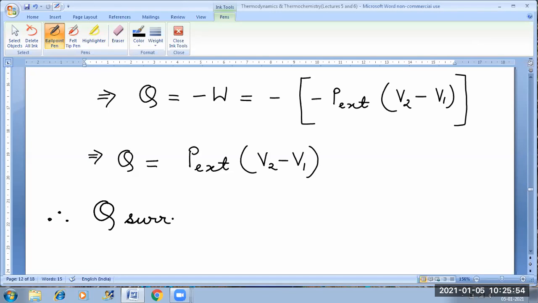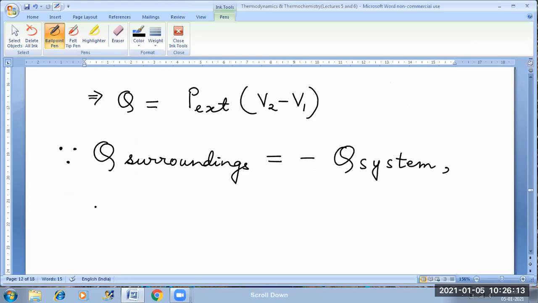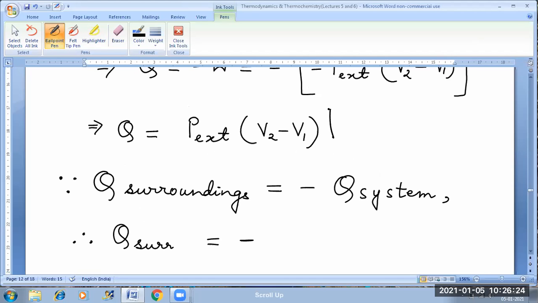Q surroundings, since Q surroundings is equal to minus Q system, therefore Q surroundings is equal to minus, this is Q for system, this thing.